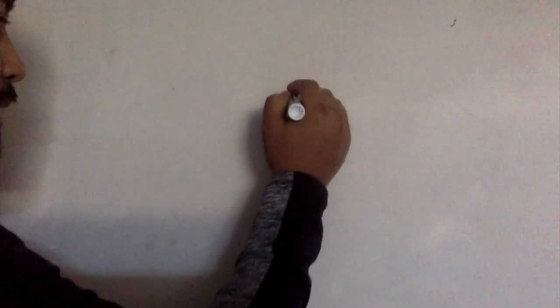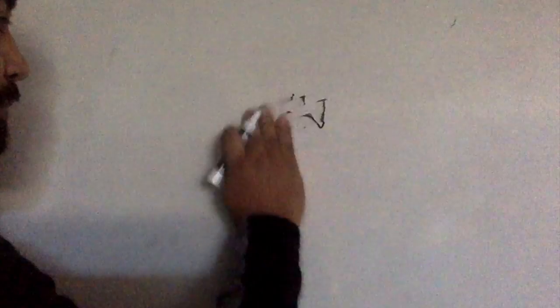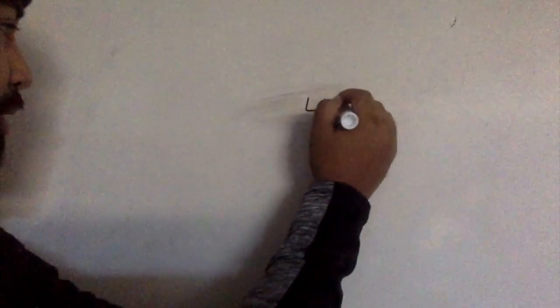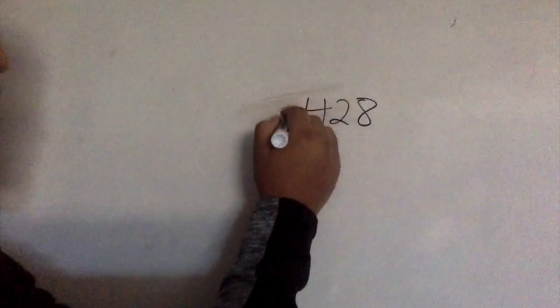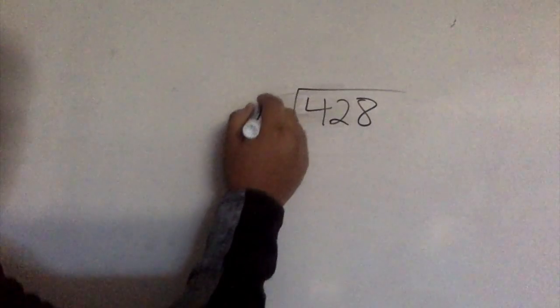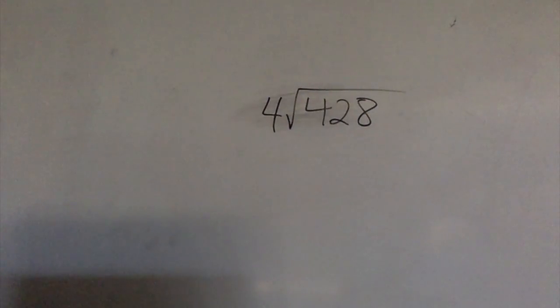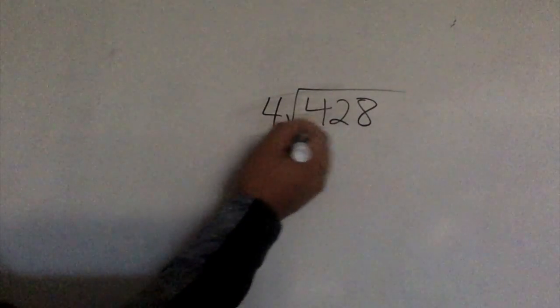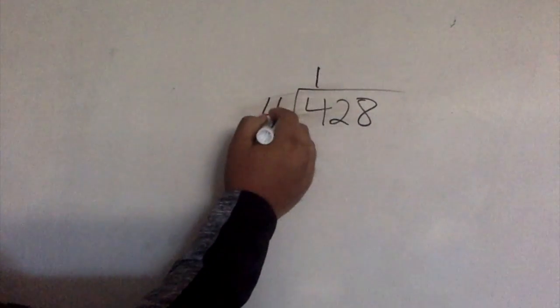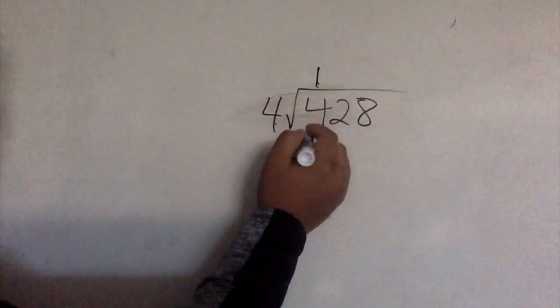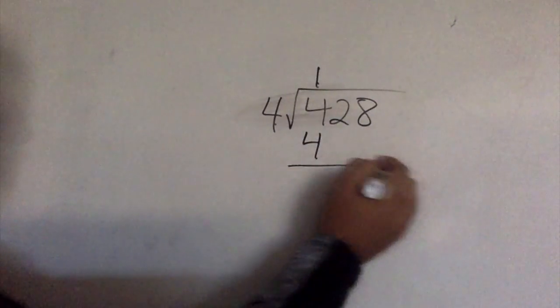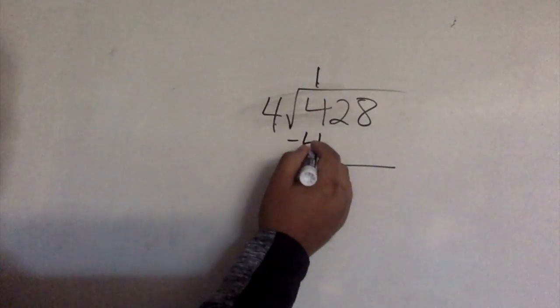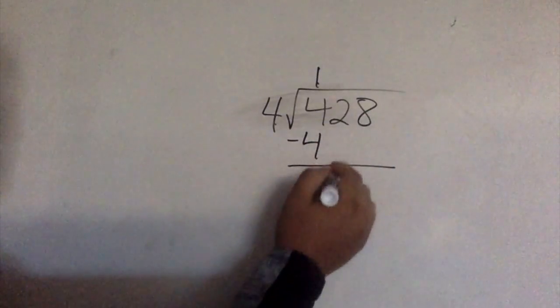Let's start with 428 divided by 4. Now, we do know that 4 goes into 4 one time. 4 times 1 equals 4. Subtract: 4 minus 4 equals 0.